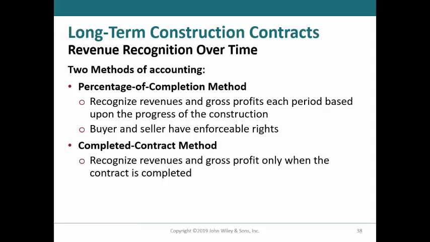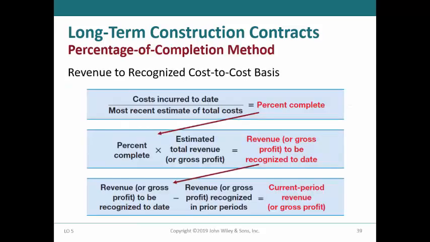In order to use percentage of completion accounting, both the buyer and seller must have enforceable rights under the contract for payment and specific performance. The other method is completed contract, which recognizes revenue and gross profit only when the contract is completed. We will cover both methods in the presentation.